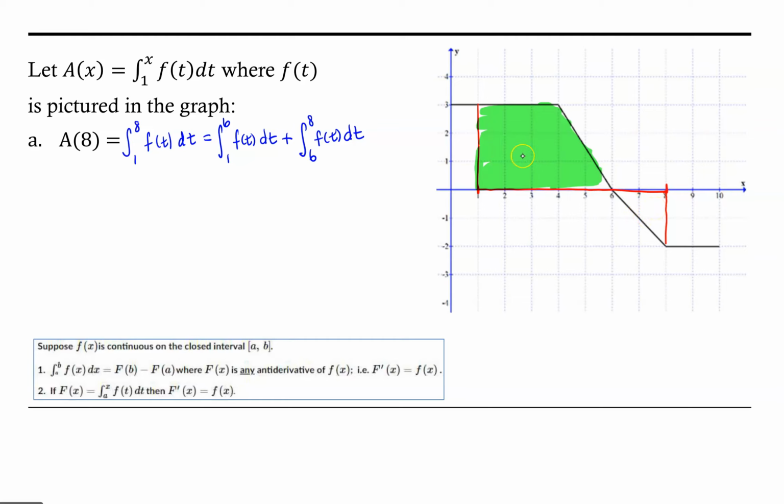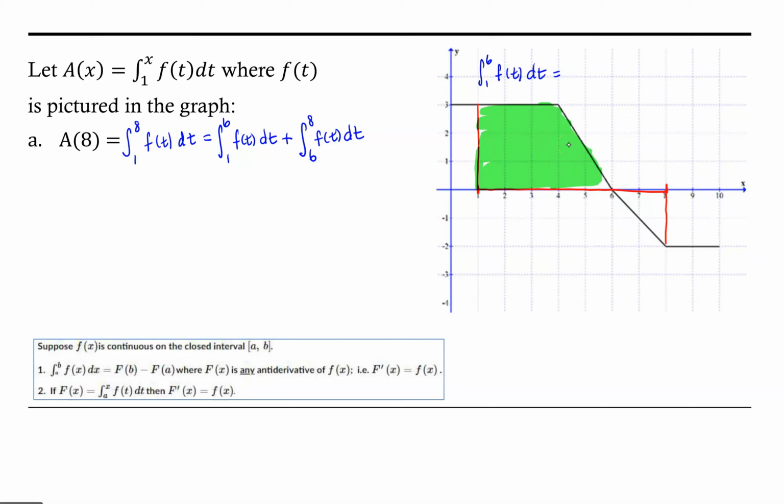Now notice that for the interval from 1 to 6, we have a trapezoid as the geometric shape that is formed. So we can use the area of the trapezoid to help us find the value of the area here.